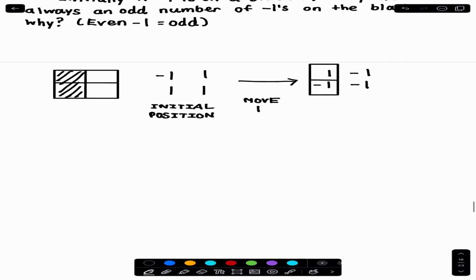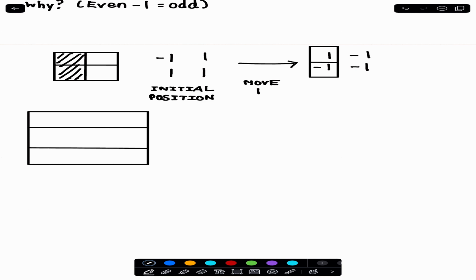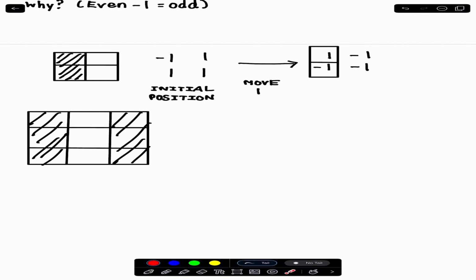So let's say we chose a subsquare like this 3 by 3. And I'm going to do the same thing. So the one we chose looks something like this. And let's say -1 was initially here, which means the rest are 1.